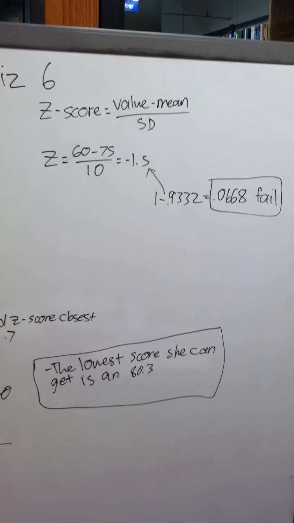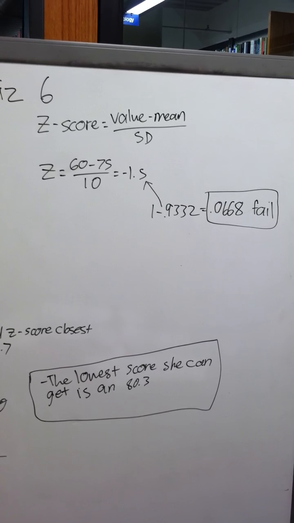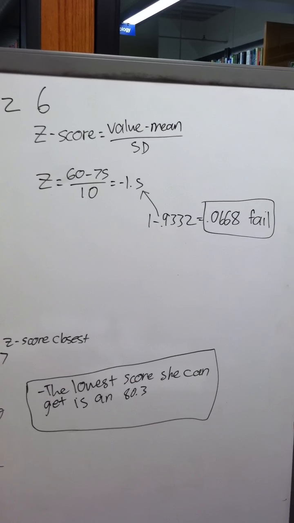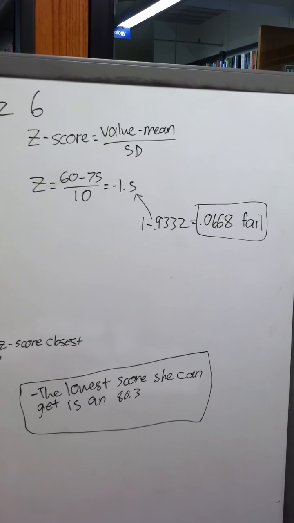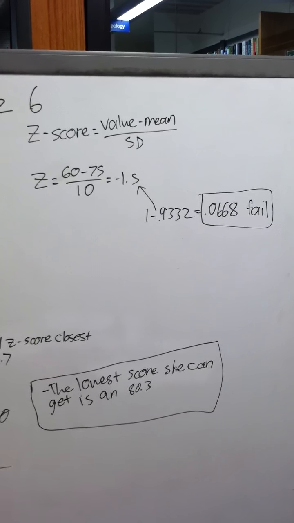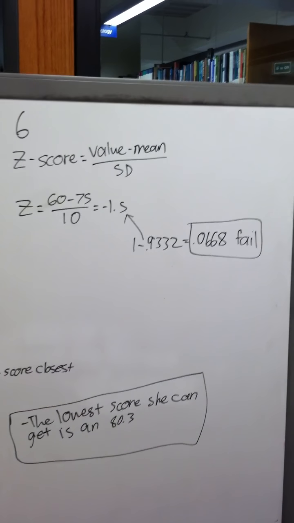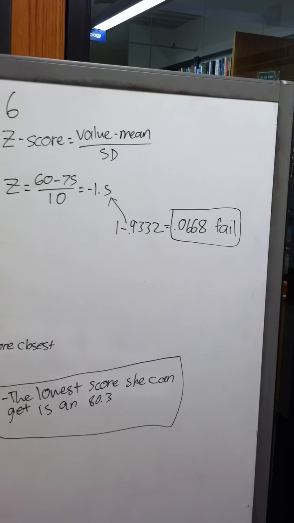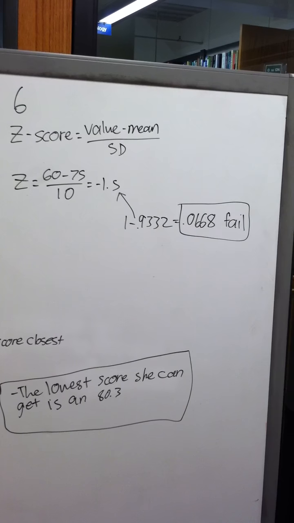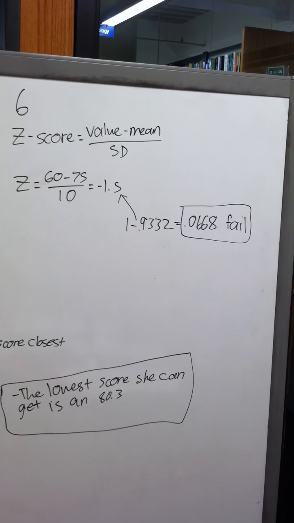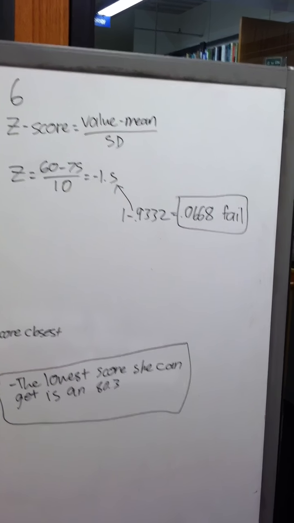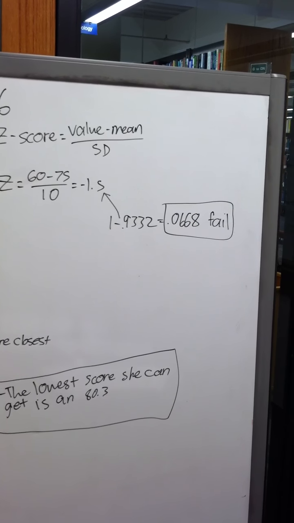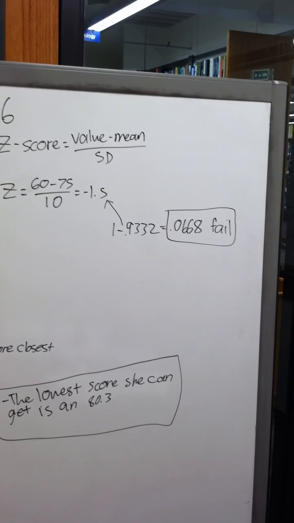Now if we look on our z-score table, if we only have a positive z-score table, then we would look for positive 1.5, and in order to find the probability for the negative z-score, we would subtract the value for positive 1.5, which is 0.9332, from 1. So it would be 1 minus 0.9332, and that would equal 0.0668 fail. So that is our answer.